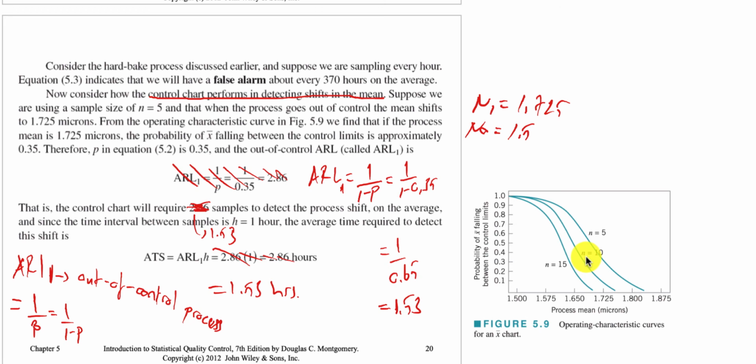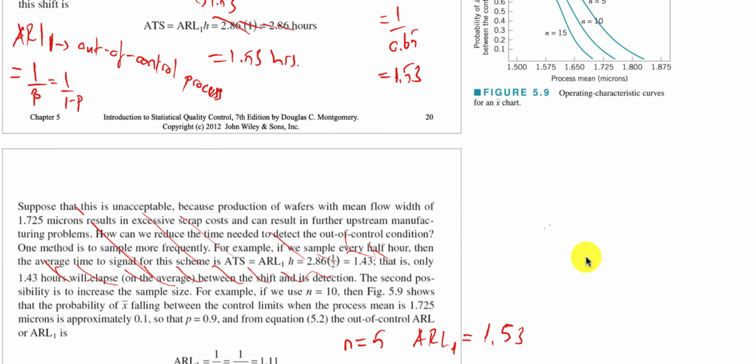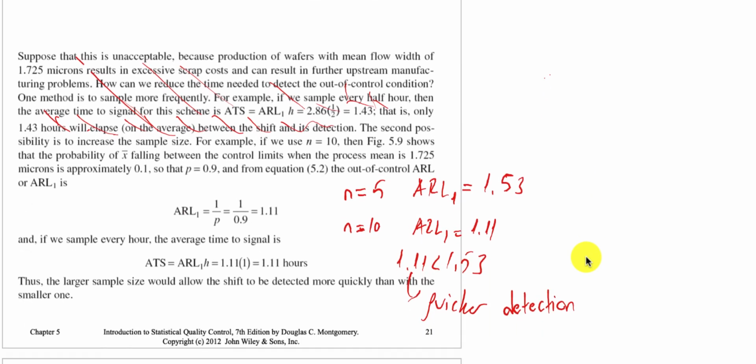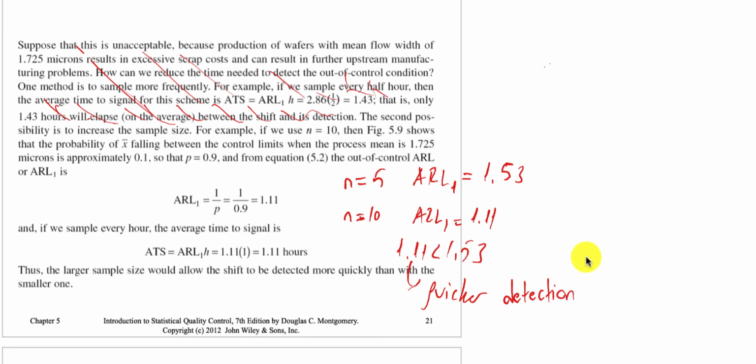So we are getting so much information. So out of control points will be much more than the situation where we have a sample size of 5. Okay? So to conclude that part, if we increase the sample sizes, we can detect shifts more easily. Okay? This is the essential part given here.